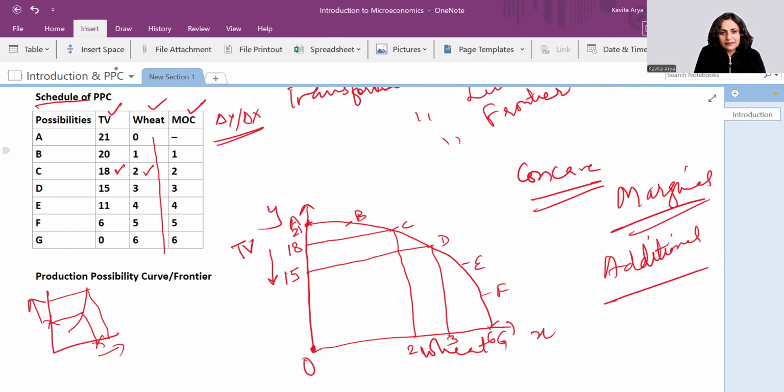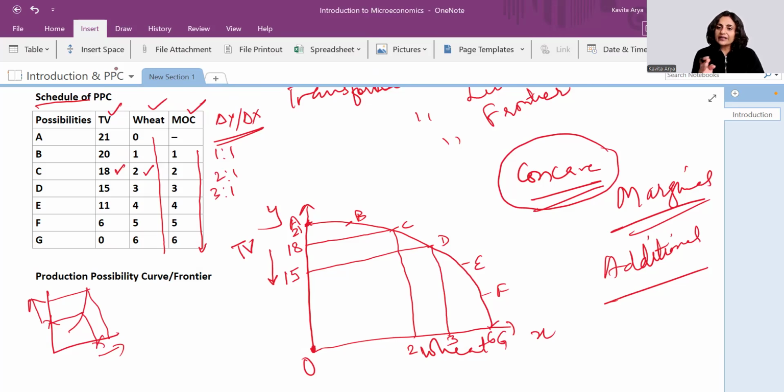Please keep a note that the sacrifice is 1 is to 1, 2 is to 1, 3 is to 1, meaning gain is 1 at all points, but loss is increasing. Do you see this increasing loss? 1, 2, 3, 4, 5, 6. Because of this increase, this shape is concave. This table gives you a concave curve because the loss of y is increasing at every additional gain.